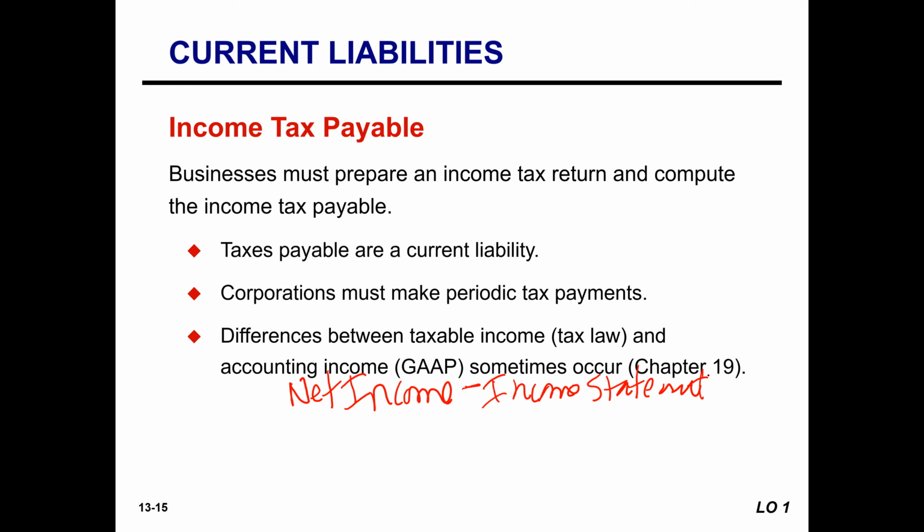So we start with net income, but then we take off any tax deductions. And by tax deductions, I mean, for example, I save for retirement, so that's a tax deduction. I save for my daughter's college, so that's a tax deduction. Also, there's a standard deduction that every person gets.